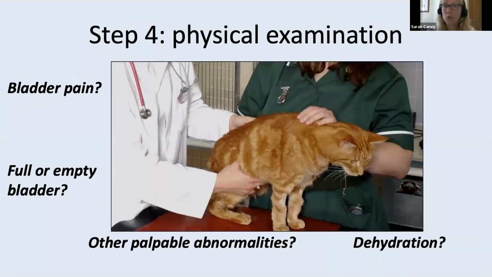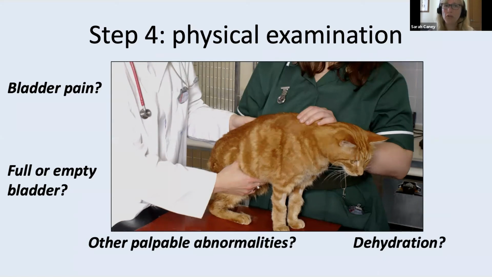Vets will definitely want to examine the cat, quite rightly, to understand whether there are medical reasons for the cat having these toileting accidents. Are there painful hip joints, for example? Does the bladder feel painful on palpation? Palpation is the medical word for feeling things, so any palpable abnormalities would be things that we can feel with our hands in the consulting room.